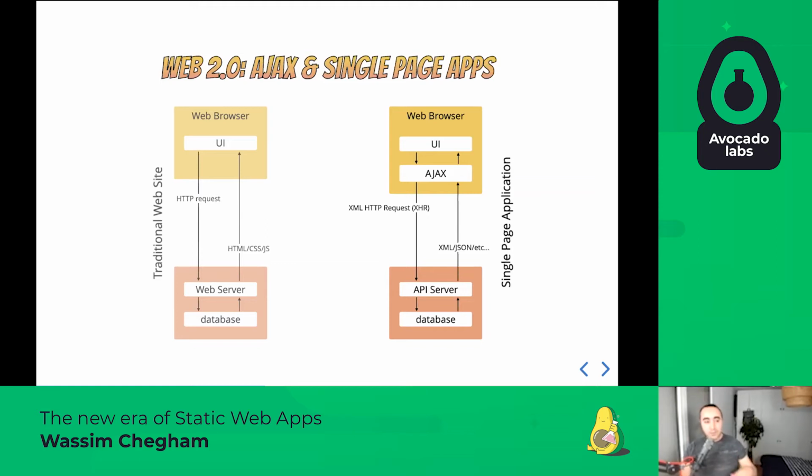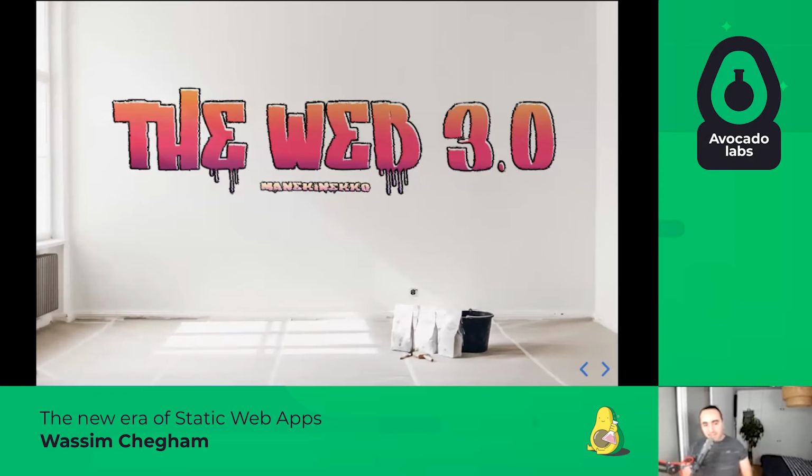The first public release was in 1999 inside Microsoft Internet Explorer 5. So that's a really old technology, but it got really mainstream in maybe 2006, I guess, thanks to jQuery. So that was Web 2.0, and next we had Web 3.0.